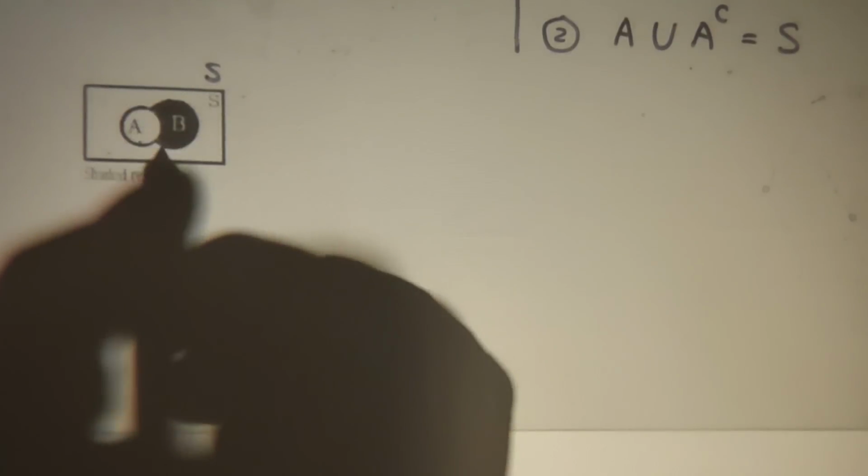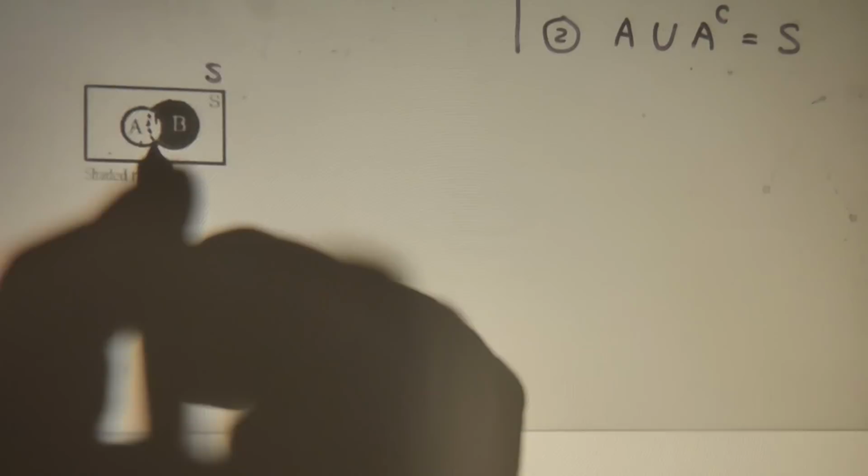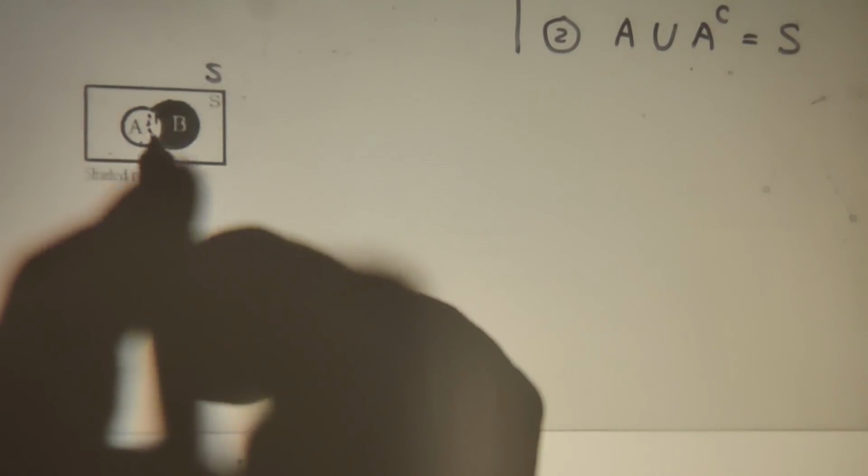Now, the last picture here. This one is a little bit harder. The shady area here is not the whole B, because this area of B is gone. So how do we represent the shady area?